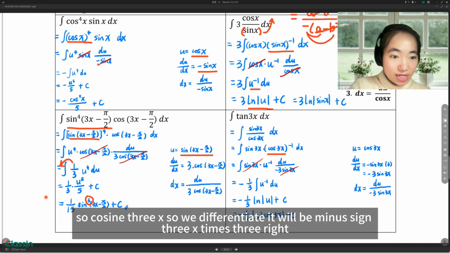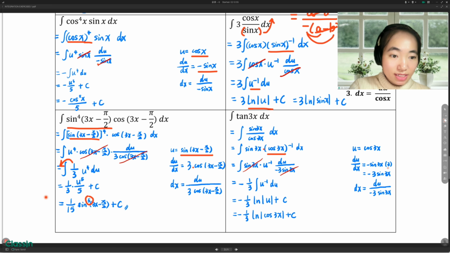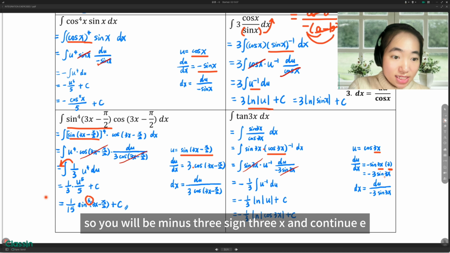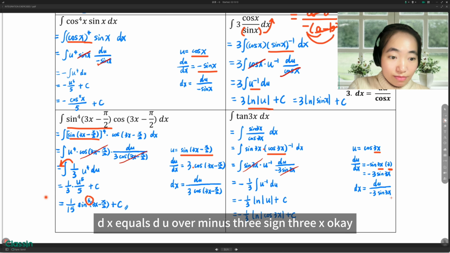We differentiate, it will be minus sine 3x times 3. This is the chain rule, so don't forget to differentiate the inner function. Inner function 3x, you times 3. So it will be minus 3 sine 3x. And continue, dx equals du over minus 3 sine 3x.